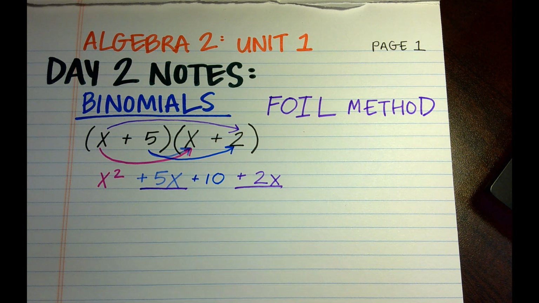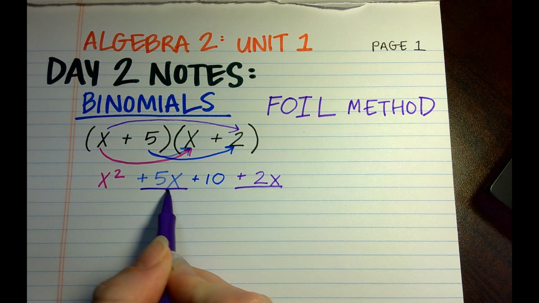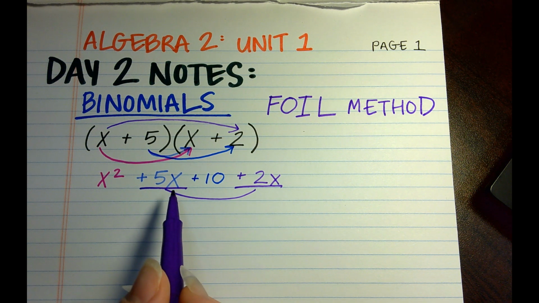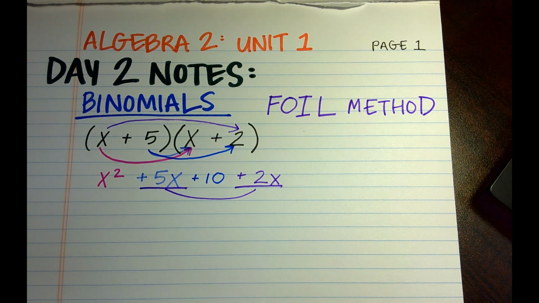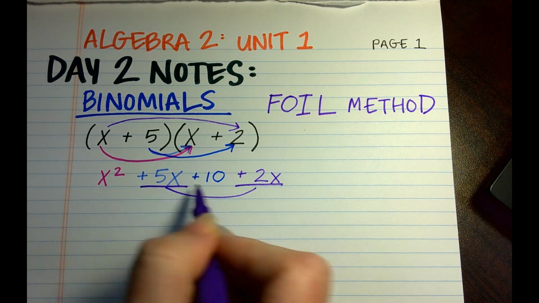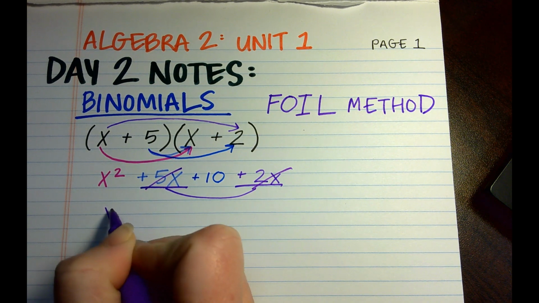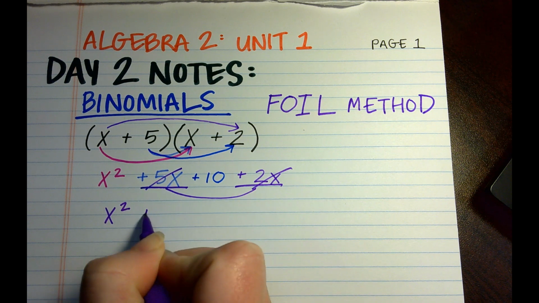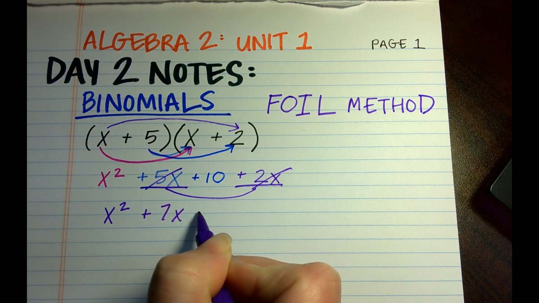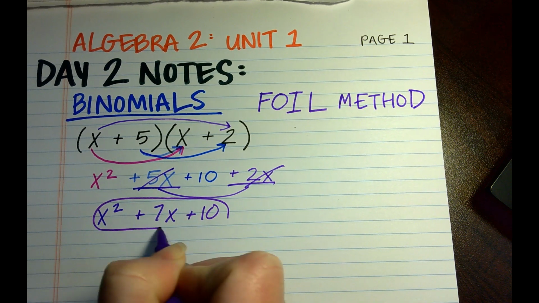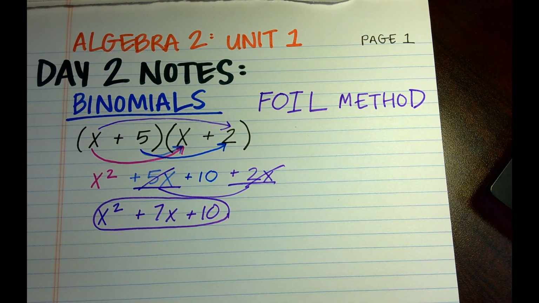What happens when I put those together? You add them, yes. So what's 5x plus 2x? 7x. So my final answer is going to be x squared plus 7x plus 10. And we'll circle that.